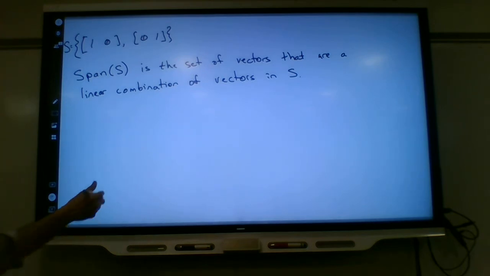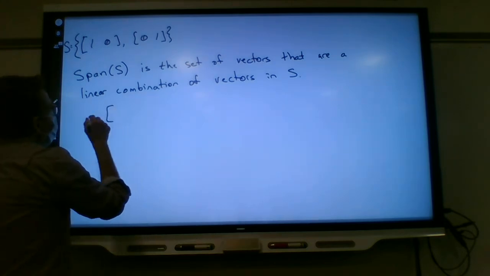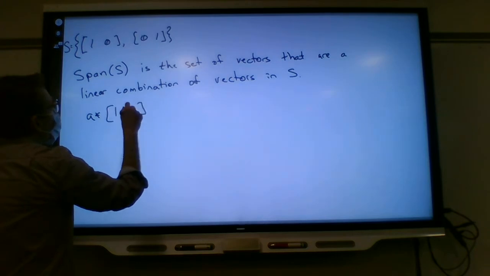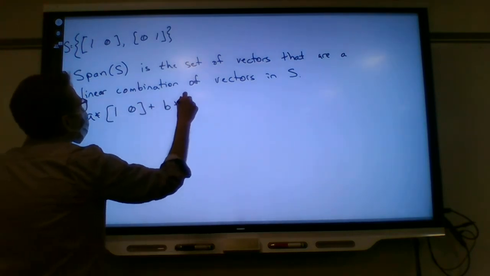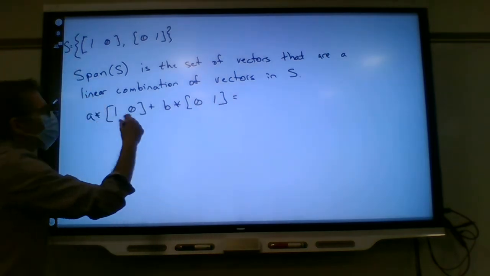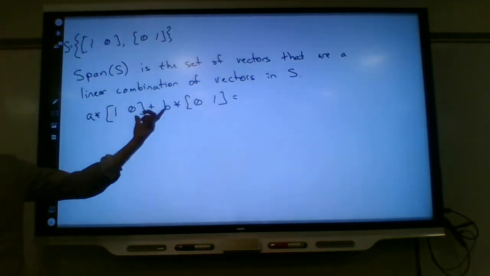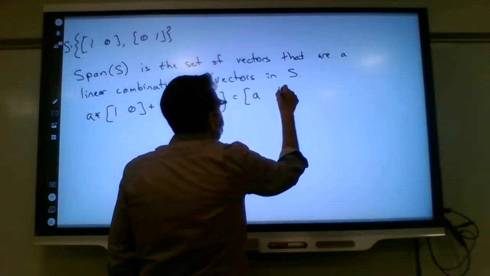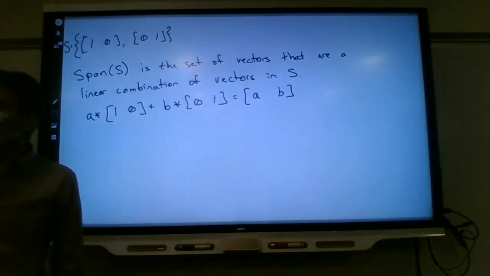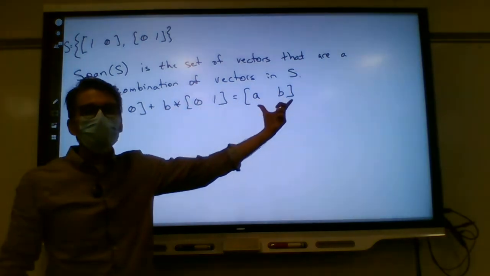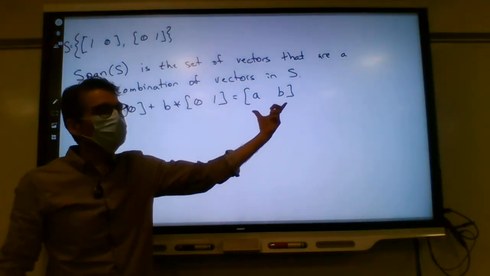All right, so what do we have? We said that if you build a linear combination of these two, you get things that look like this. What is this? What vectors can we create?